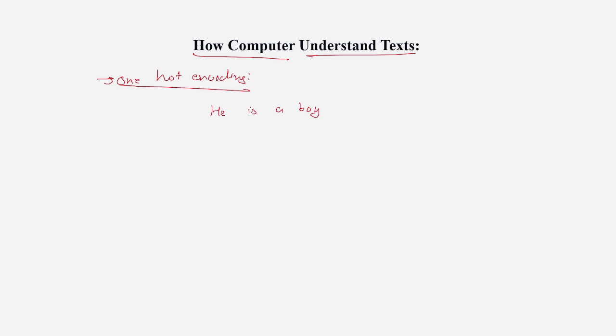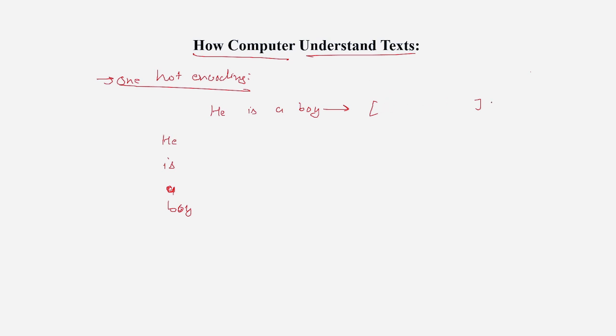What we do is we calculate the length of this sentence. The length of this sentence is 1, 2, 3, 4. So here we make an array of length 4.